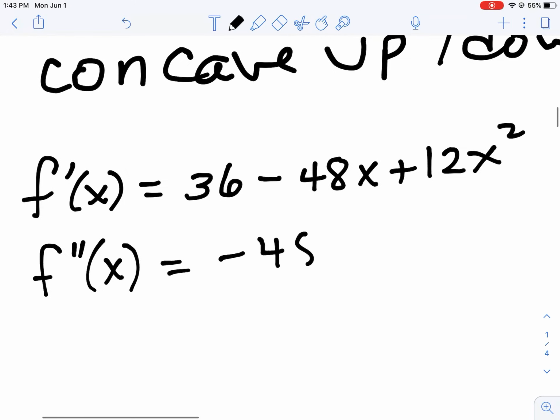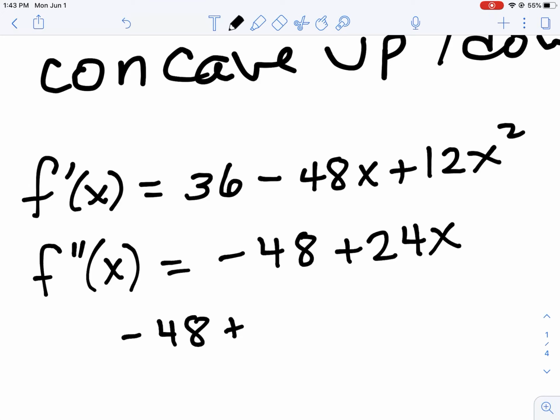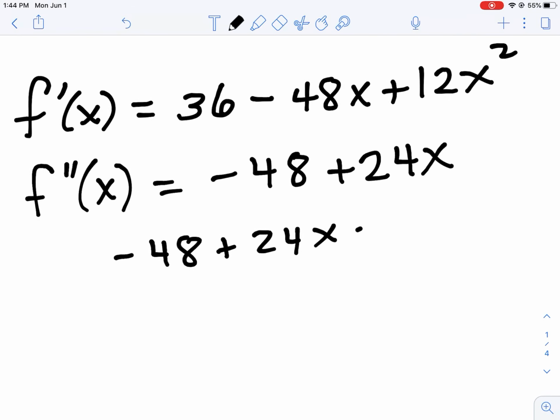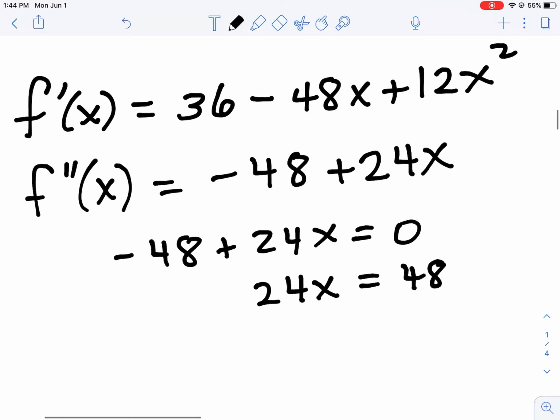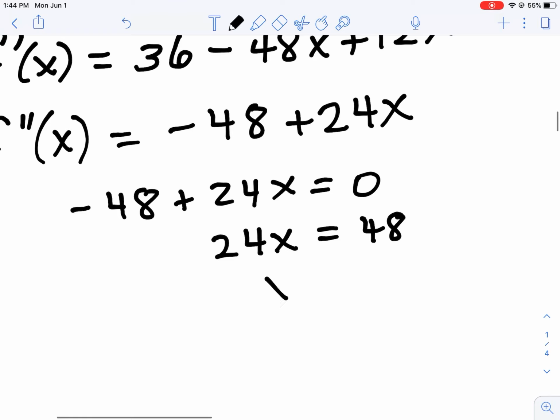This is going to be minus 48 plus 24x. So I set that equal to 0. Negative 48 plus 24x equals 0. Add 48 to both sides, so 24x equals 48. Divide by 24, so x equals 2.